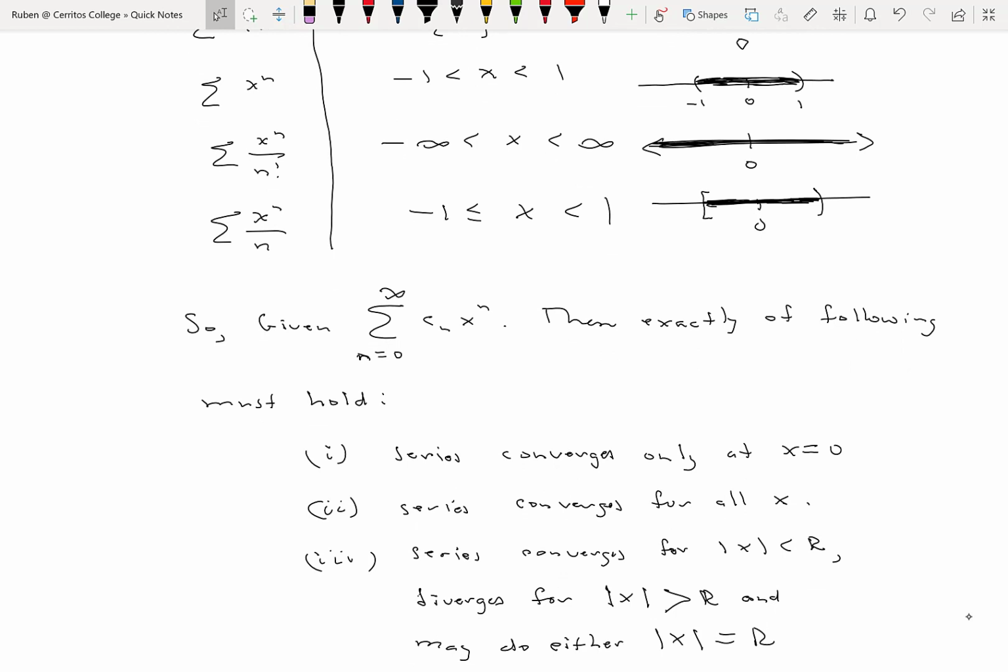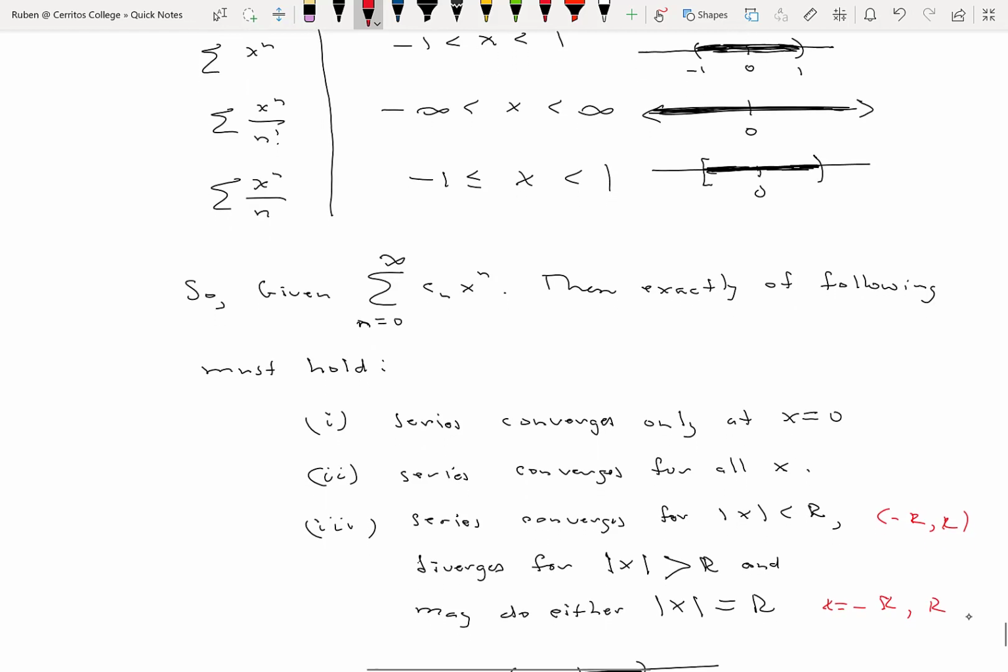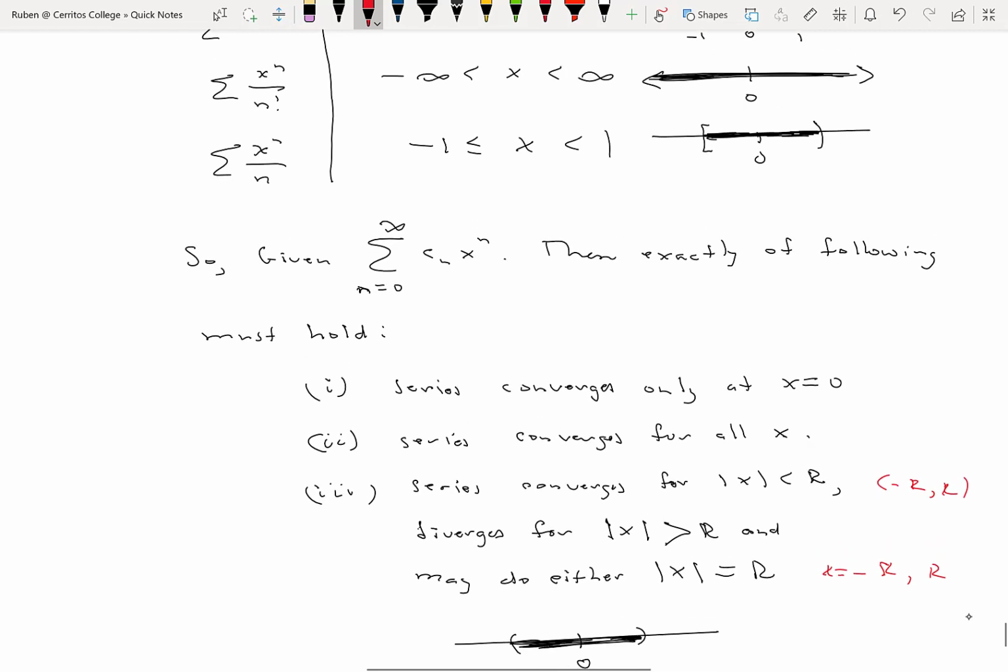You see, the interval for absolute value of x less than r is the interval from negative r to positive r. When absolute value of x equals r, that's the two endpoints, x equals negative r or positive r. We have to check those two endpoints separately. This is our third case.